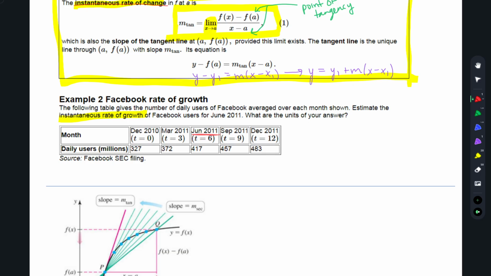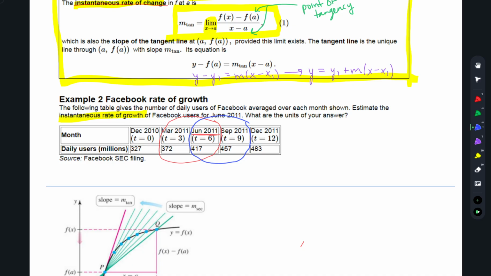I have numbers there, but to figure out the instantaneous rate of growth, I'm basically going to do a cute little slope with the one on the left, and then a cute little slope with the one on the right. You technically could do this another way, but this way always works, even if these were not equally spaced.